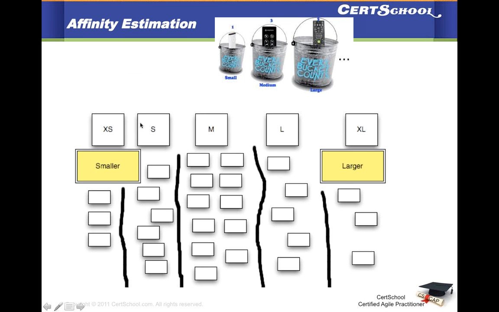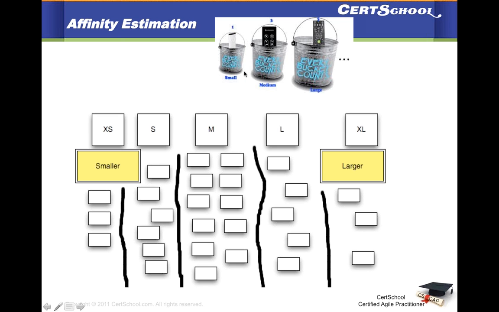Okay. Now there are certain other techniques that we can use. Affinity estimation does not use story points. I have seen a lot of teams, if you have a smaller team, or stories that are small enough, you can just decide to have 3 buckets: small, medium, and large.